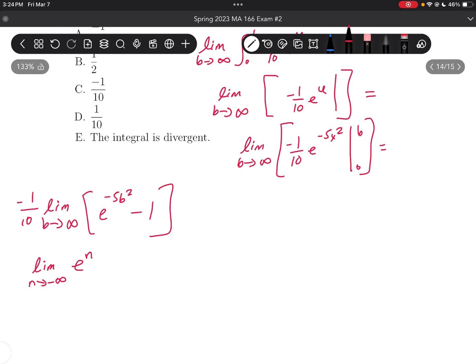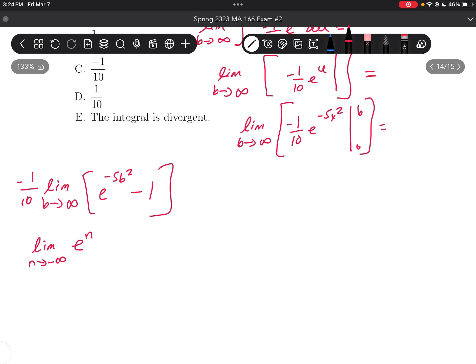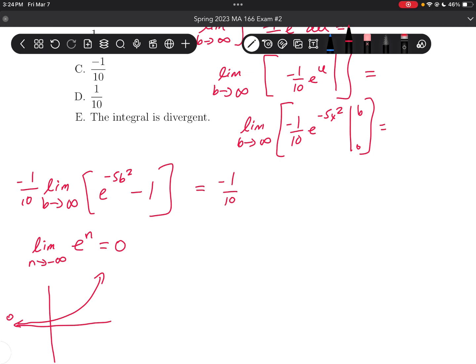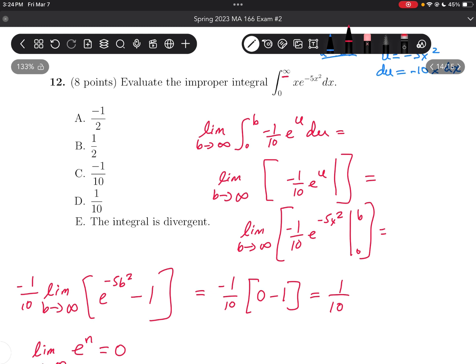Well, we can draw a graph of e to the power of n, and it's going to look like this. And as n gets smaller and smaller, it's going to approach 0. So the answer to this is 0. So that means that the limit as b approaches infinity of this term is 0 as well. So I have negative 1/10 times 0 minus 1, which evaluates to 1/10. So the answer to problem 12 is 1/10.